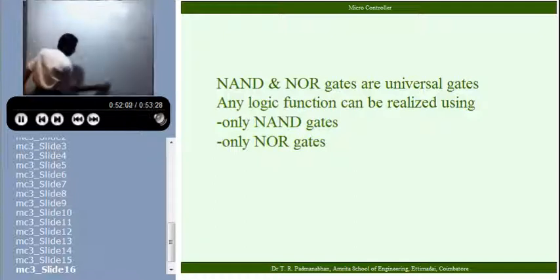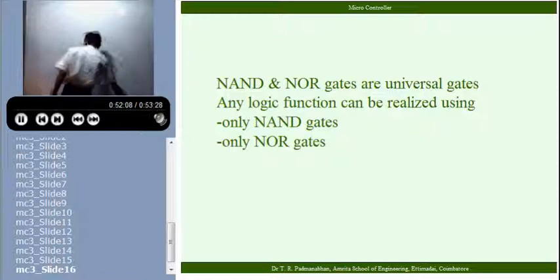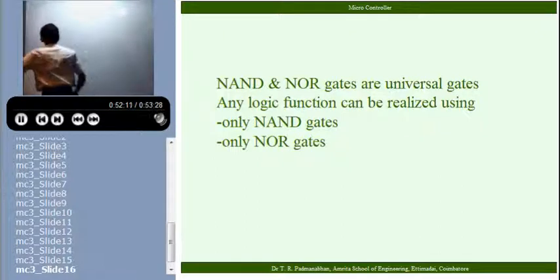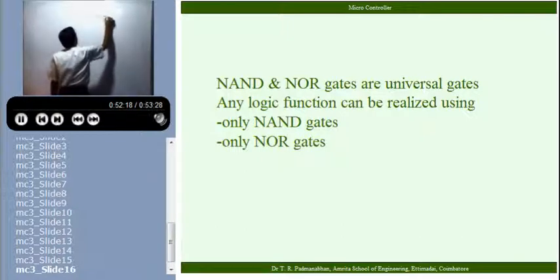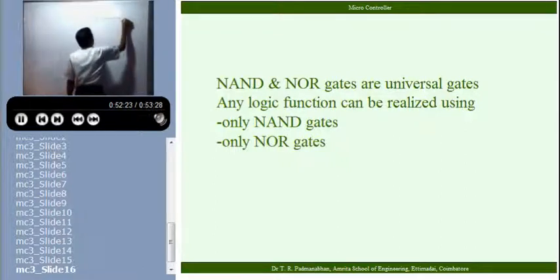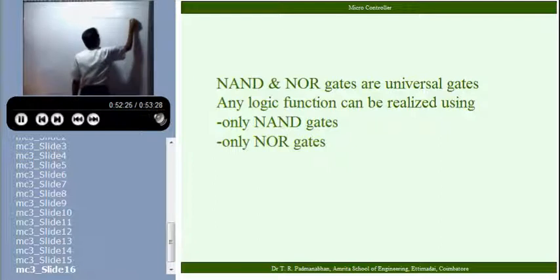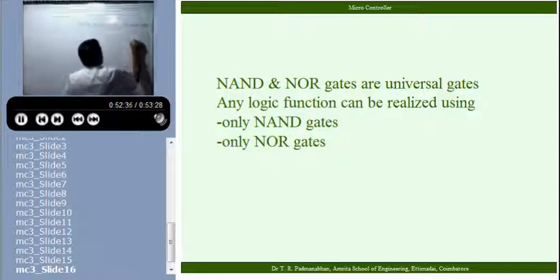With some reflection you can make out this. I want to realize a logic function. When I want to realize a logic function, I can do it only with NAND gates. I can realize any logic function using only NOR gates.